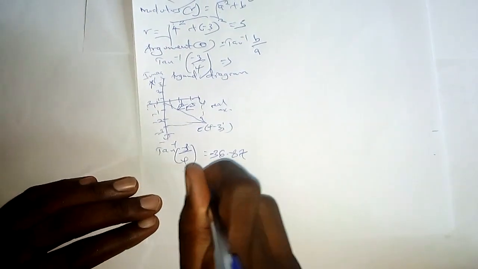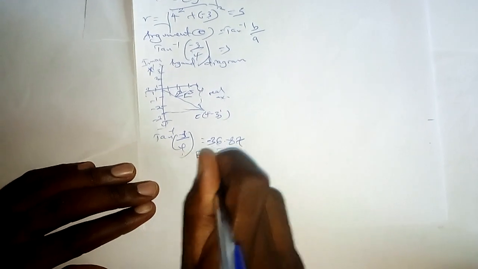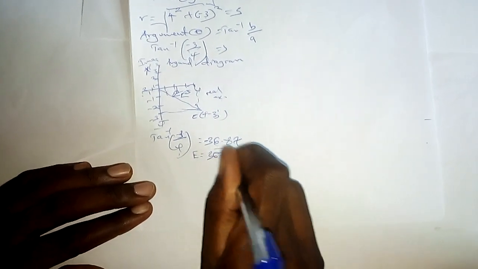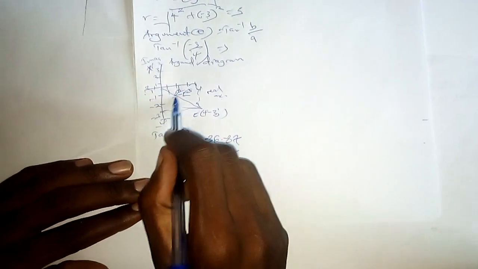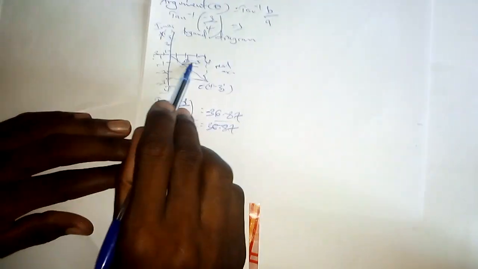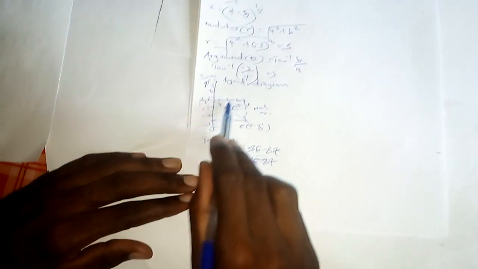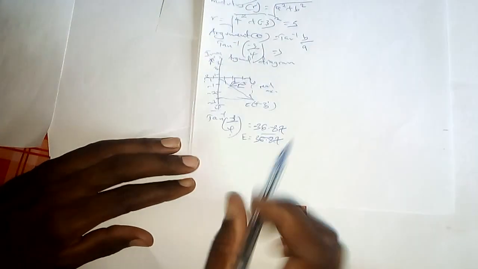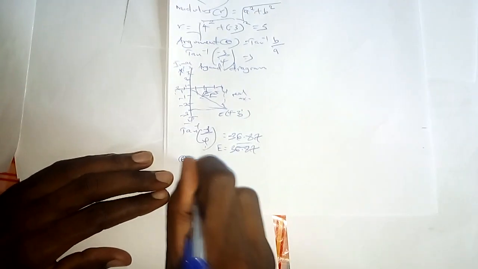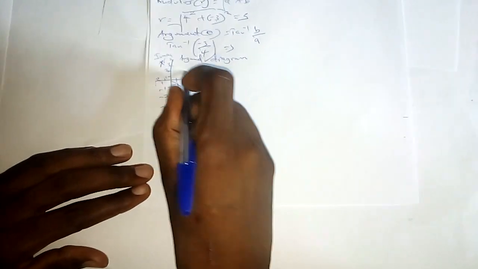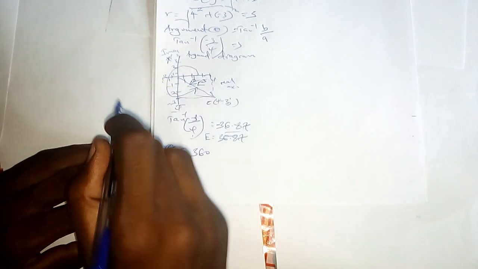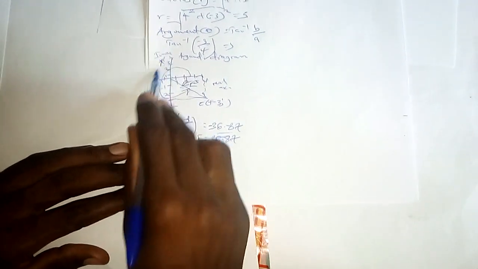So alpha is 36.87. The theta now itself, we want the whole angle, and angles at a point add up to 360.